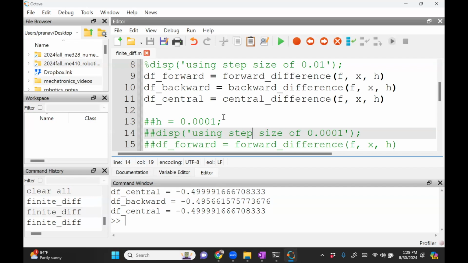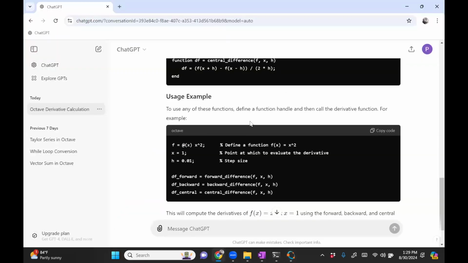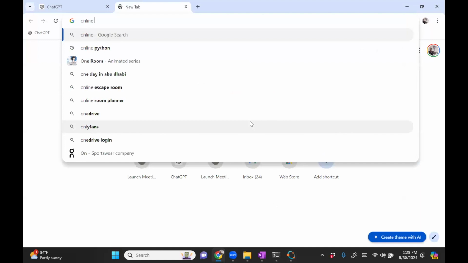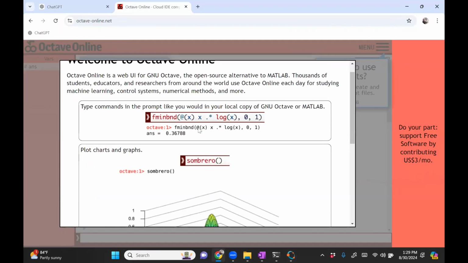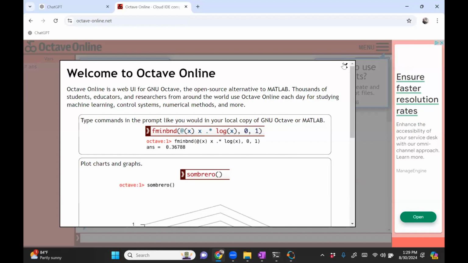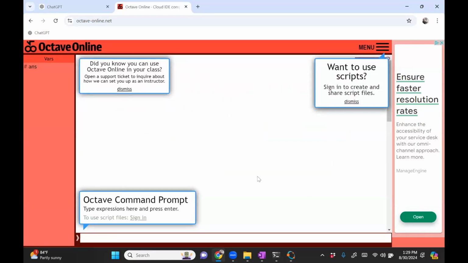By the way, this code will work perfectly fine if you copy paste it in MATLAB. For example, in Citrix, you could do it. Has anybody tried an online Octave? There is a version which you can use online. So there is this tool which you could use, but I don't know if you can use it.